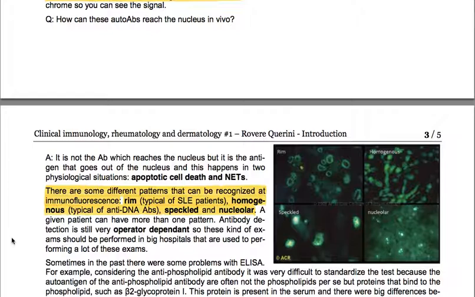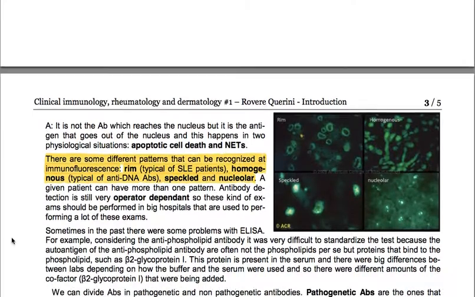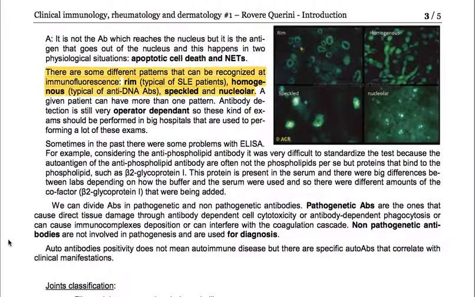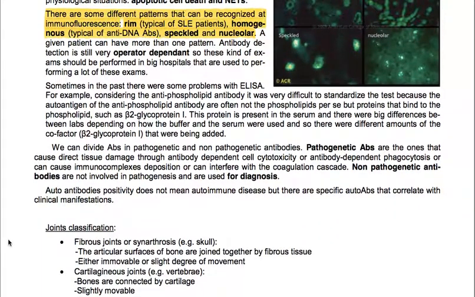This protein is present in the serum, and there were big differences between labs depending on which buffer of the serum was used. And so there were different amounts of the cofactor, beta-2-glycoprotein 1, being added.